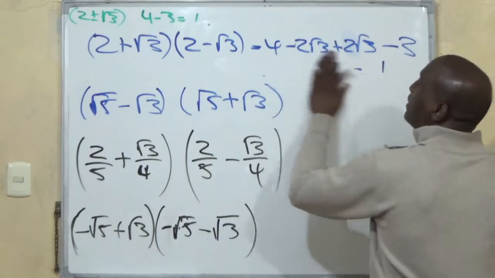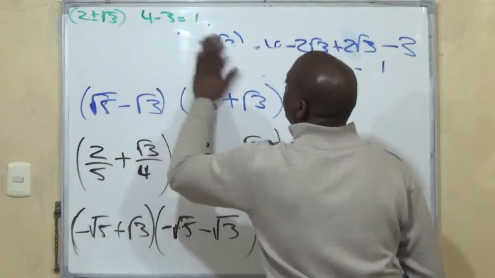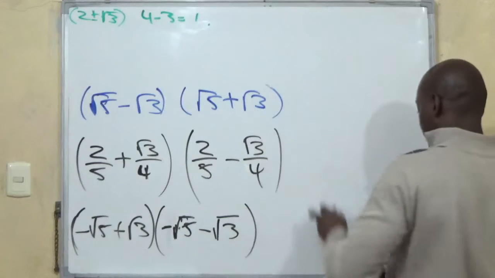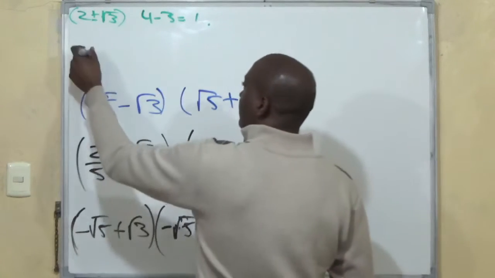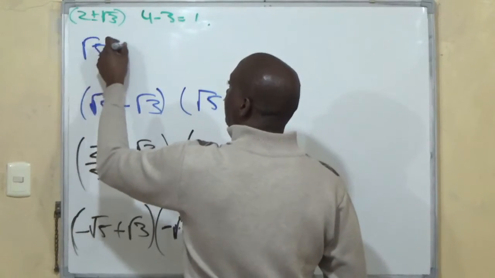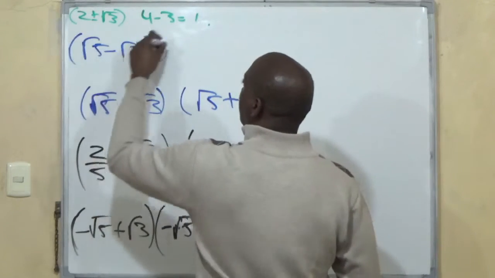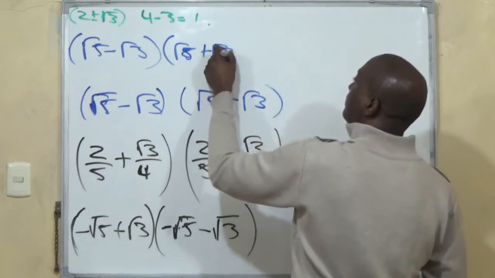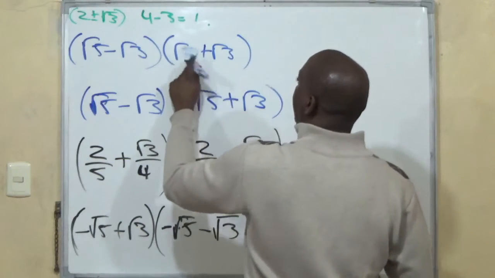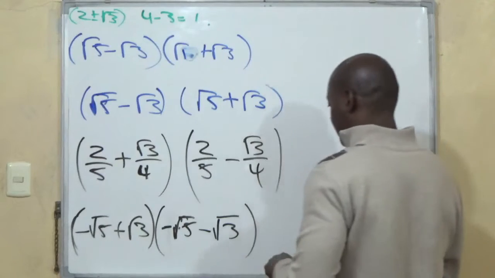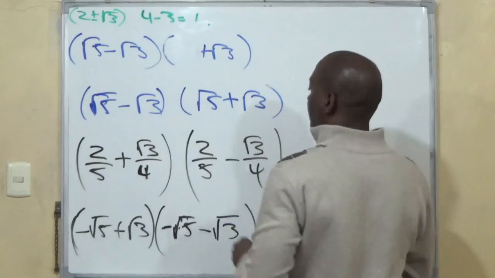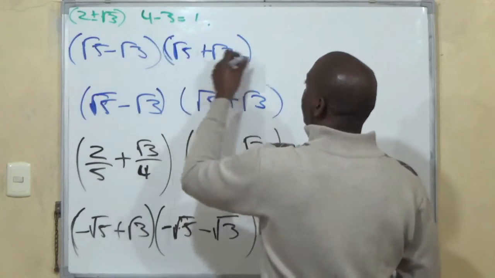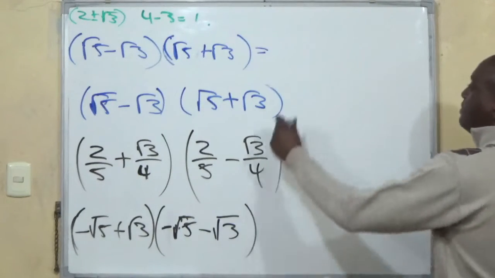So let me deal with our good friend here now. You have root 5 minus root 3 multiplied by root 5 plus root 3. Sorry about the little rubbing off.